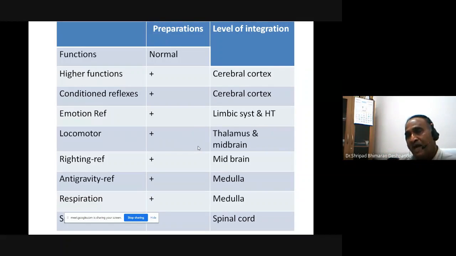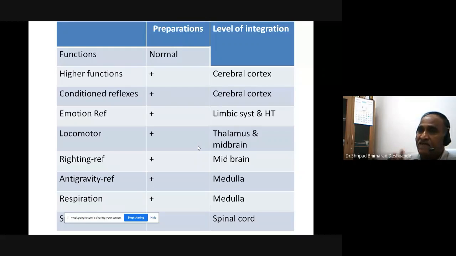Then we have midbrain pattern generators, then pattern generators in the thalamus, and pattern generators in the cortex. But even without the cortex, the locomotor activity would continue. So that means the thalamus and midbrain will have the center for the locomotor activity.